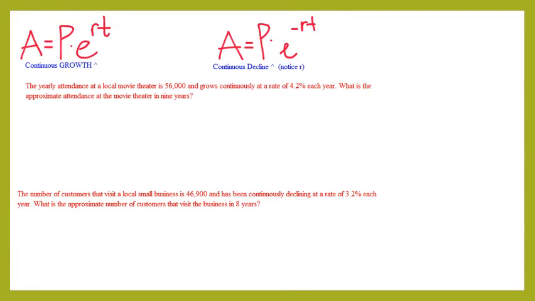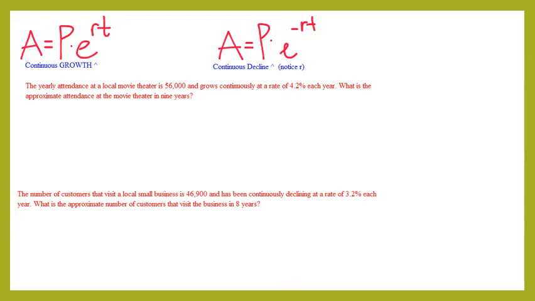Next, we're going to talk about continuous growth or continuous decay or decline. So now notice these two formulas are different. They're very different. So you will need to write these down, and you will need to know that the key word that you're looking for in these word problems is indeed that word continuous.